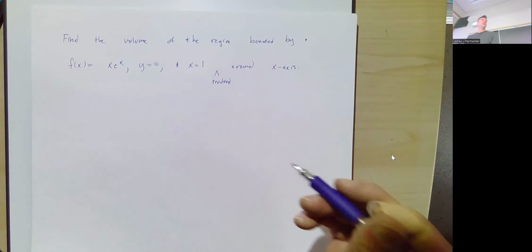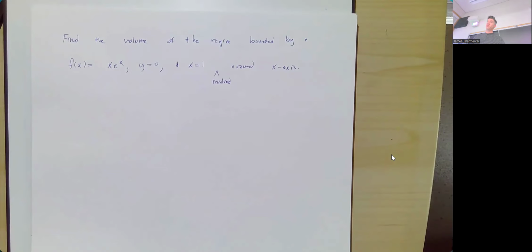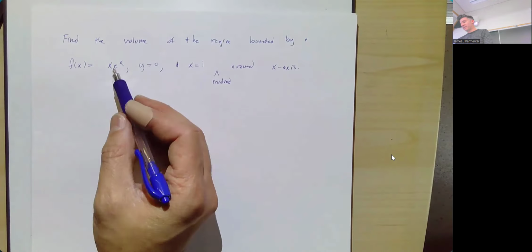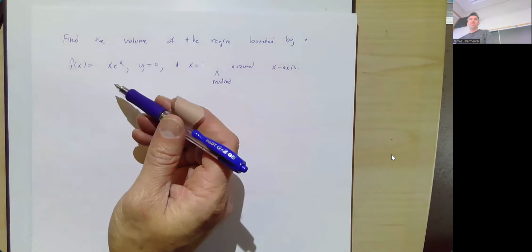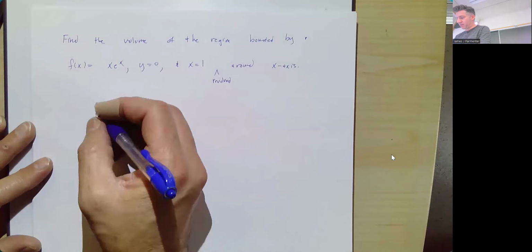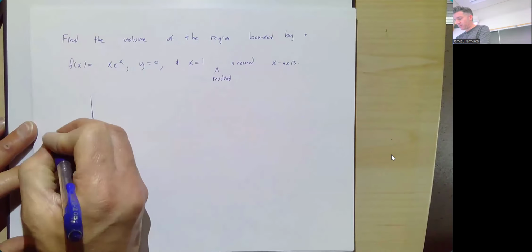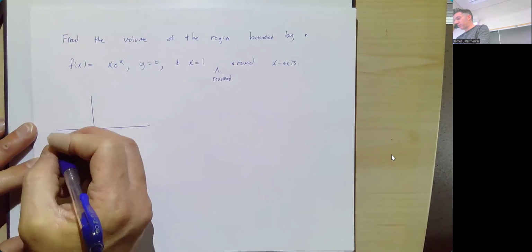As is typical with these problems, we have to draw the region. We don't have to draw it perfectly. We just have to have some idea of what it looks like. f of x equal to x e to the x. I don't know exactly what it looks like, but it's going to be something like this.